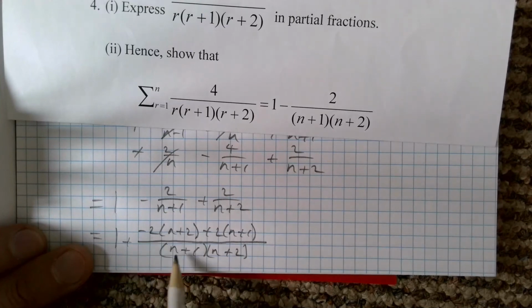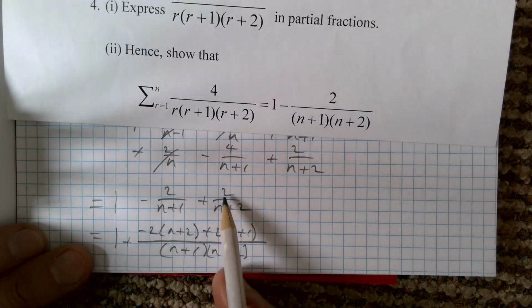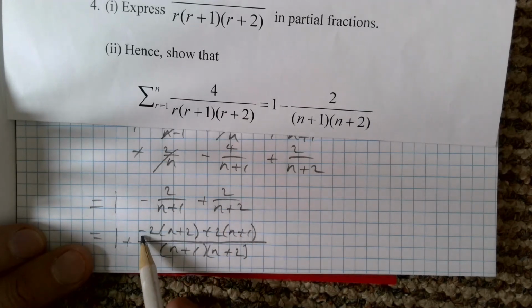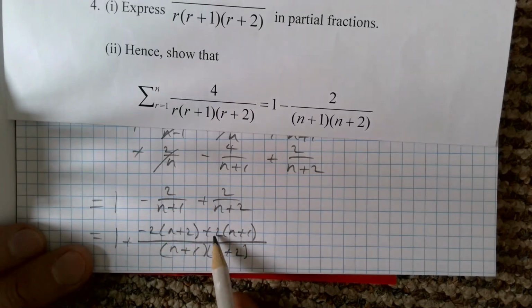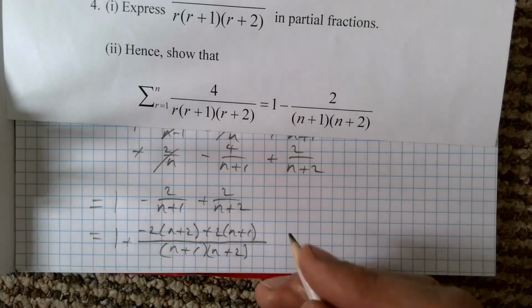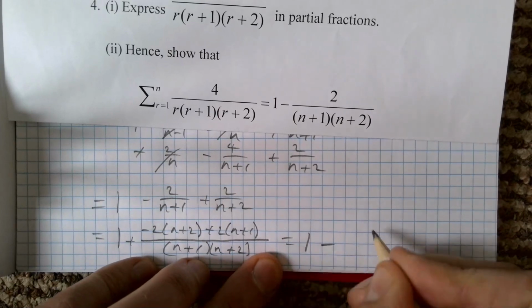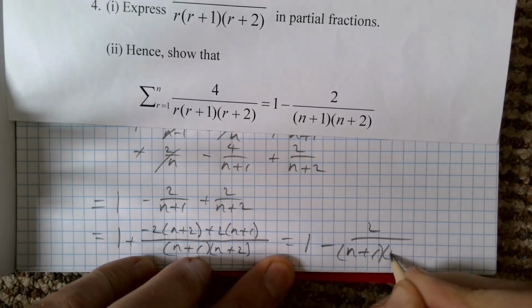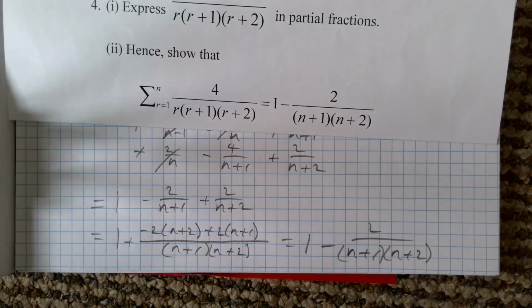So I find a common denominator, times top and bottom of this one by n plus 2 and top and bottom of this one by n plus 1, and that all cancels out because you have a minus 2n, you have a plus 2n there, you have a minus 4 there, you have plus 2, so it ends up just with a minus 2 on the top. So my final line is going to be 1 take away 2 all over n plus 1 upon n plus 2, which is what we've been asked for there in the question. Okay.